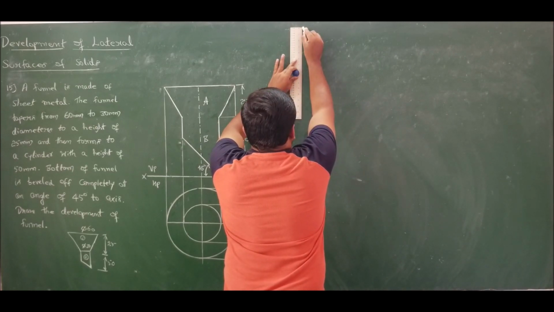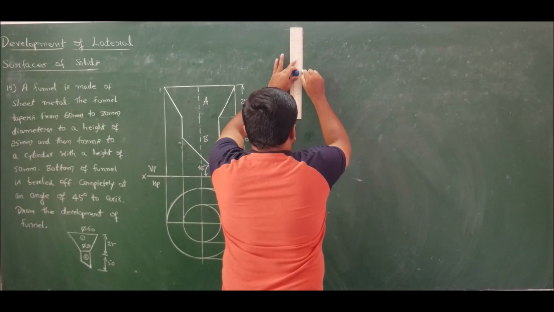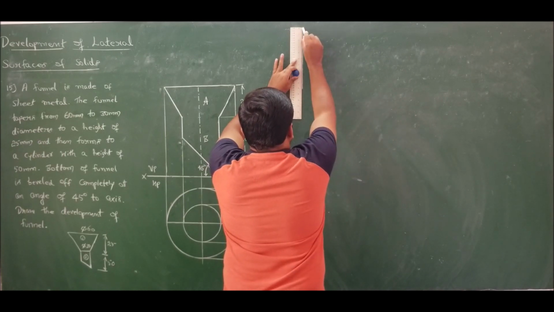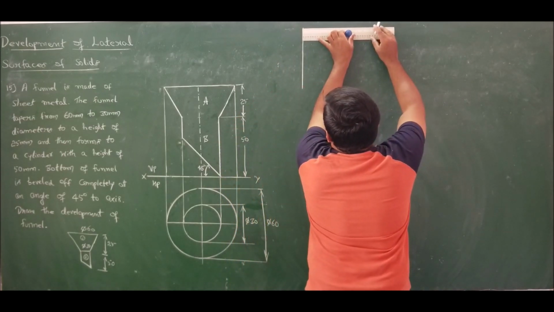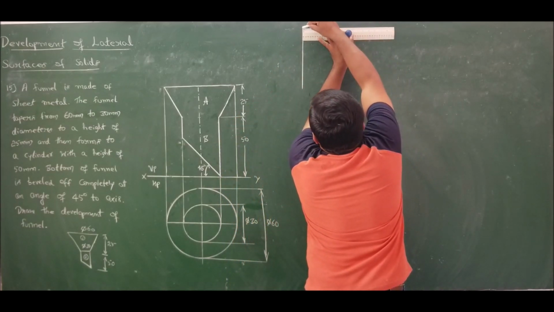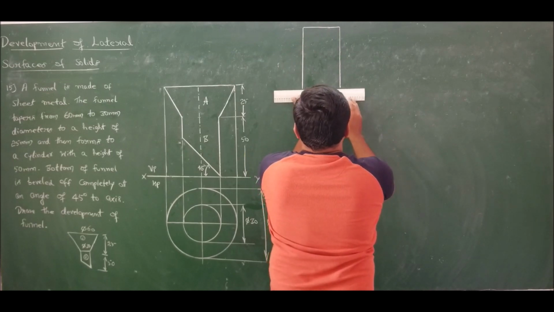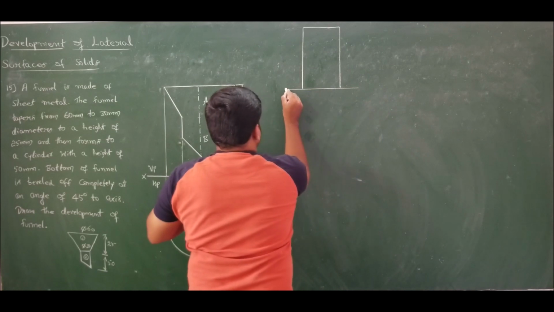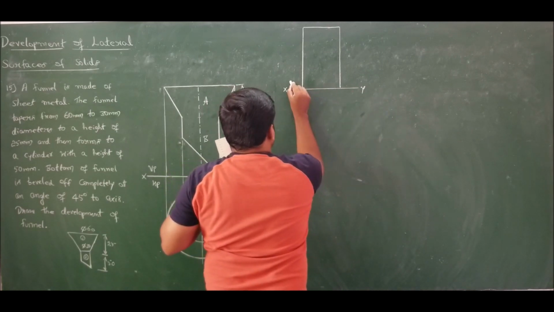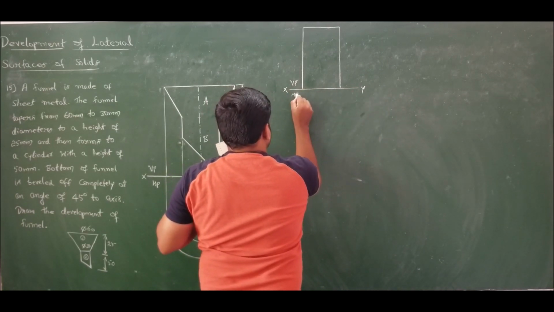You draw 50 cross 30 and fix a new xy line for which x and y take it as VP and HP.